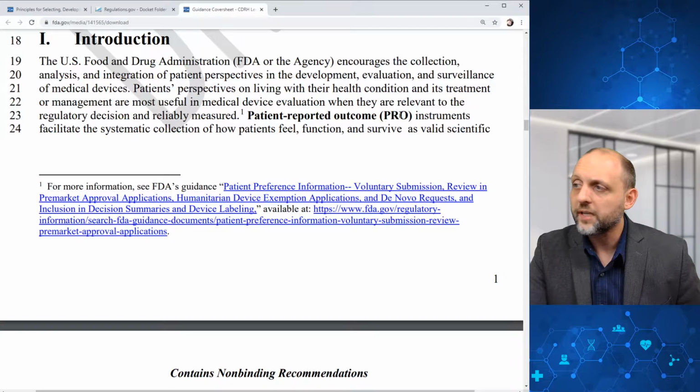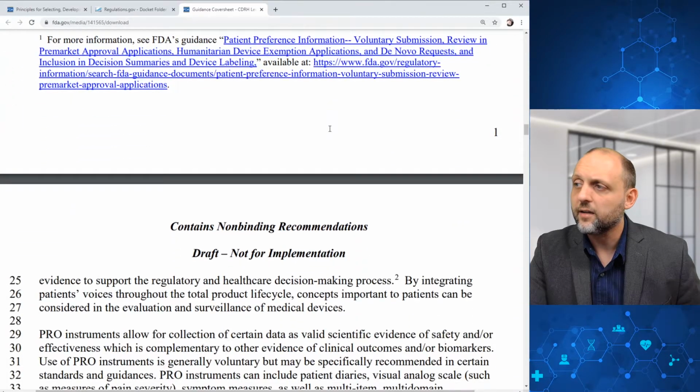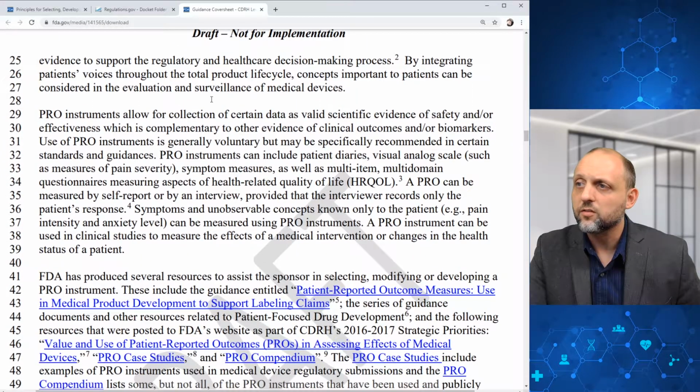Patient-reported outcome, or PRO, instruments facilitate the systematic collection of how patients feel, function, and survive as valid scientific evidence to support the regulatory and healthcare decision-making process. By integrating patients' voices throughout the total product life cycle, concepts important to patients can be considered in the evaluation and surveillance of medical devices.